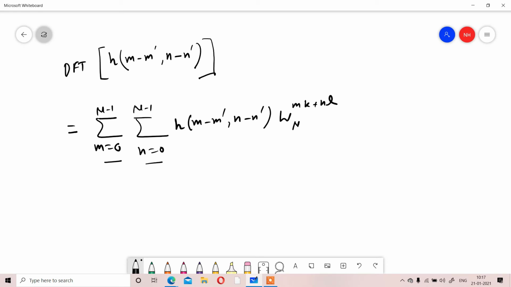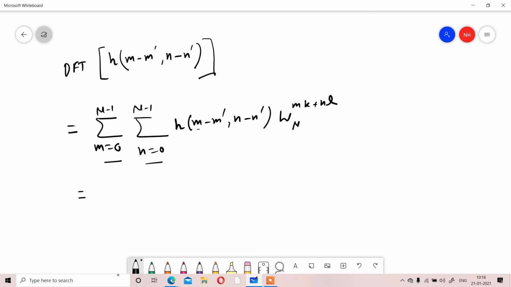In that expression, you all know that m and n are in the spatial domain and k and l are in the frequency domain. So from that expression you cannot directly write any DFT format.